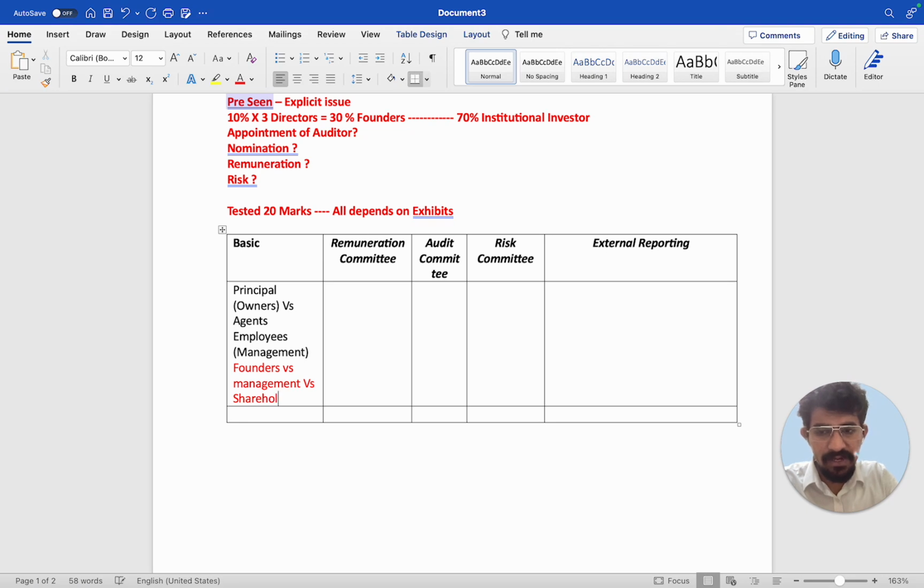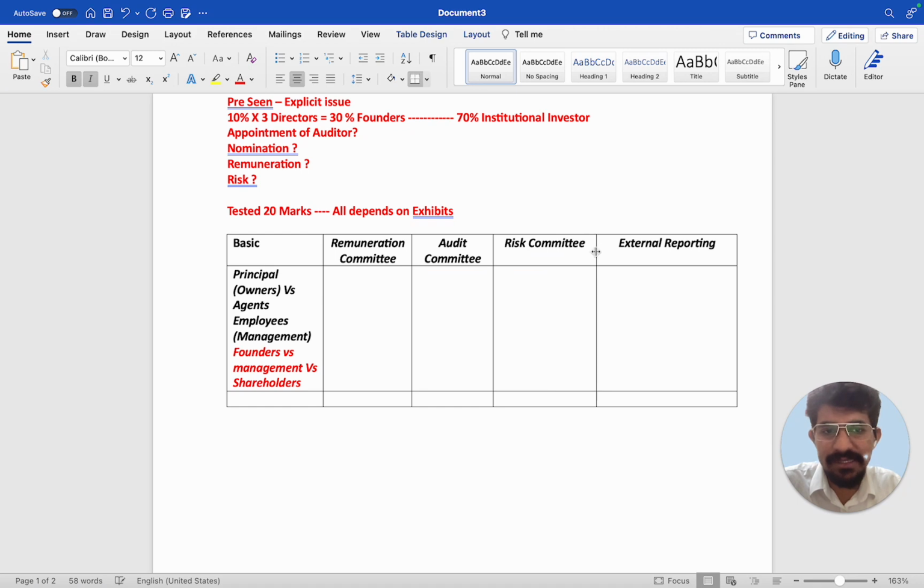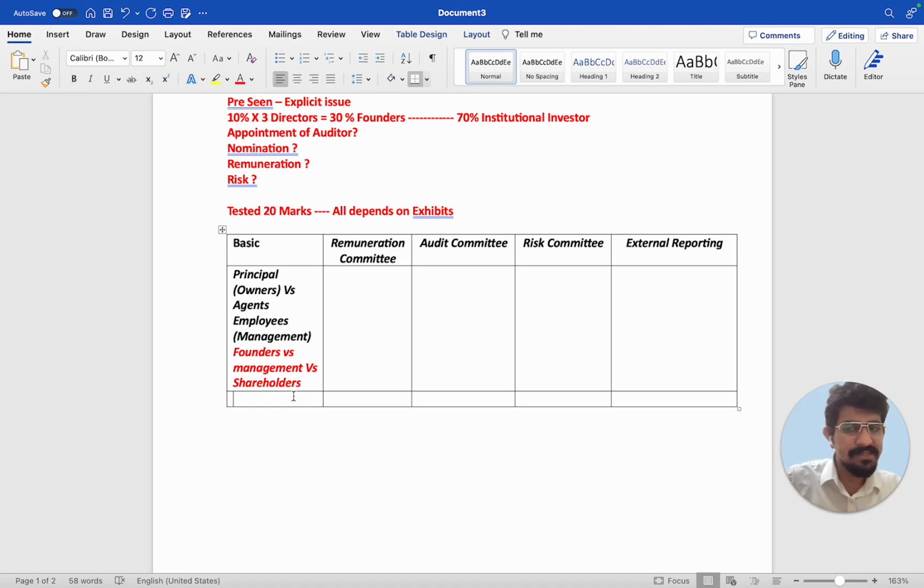Now it's a conflict of interest. Everyone is within interconnected things. This is what the examiner has clearly mentioned even before you go to the exam. But don't memorize anything, students. Your question requirement and understanding of the verbs are all important, but it's very explicitly clear that we are having a principal agency issue. I believe that is very clear for the students at the moment.